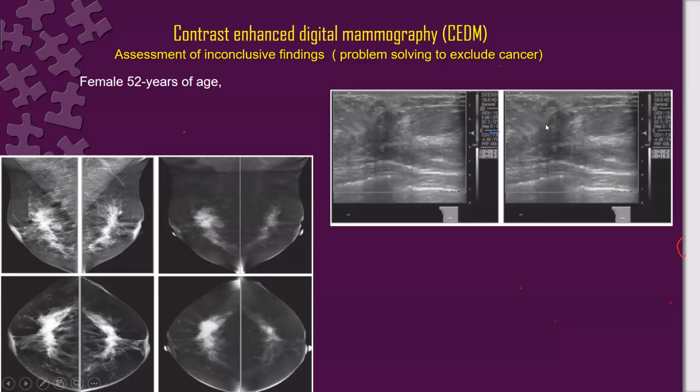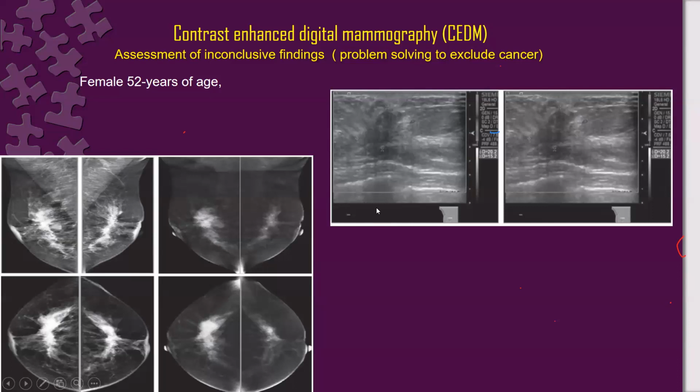The same finding could be appreciated bilaterally. Okay, before looking at the contrast study, based on this, what is your differential diagnosis? Bilateral architectural distortion and spiculated asymmetries.